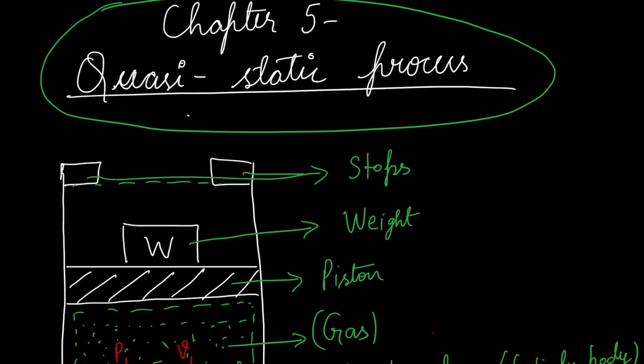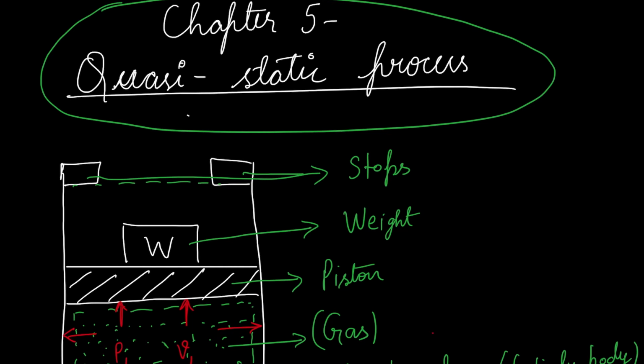So this gas is exerting a pressure of P1 on the surface of the cylinder and on the piston as well. So on the lower surface of the piston and on the surface of the circumference of the cylinder and on the bottom of the cylinder. And the volume of this gas is V1.